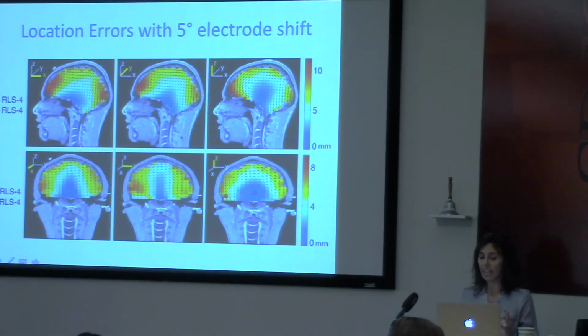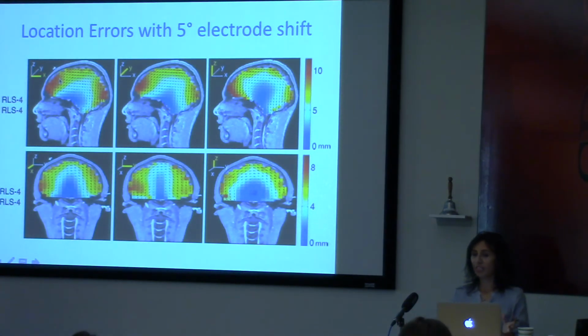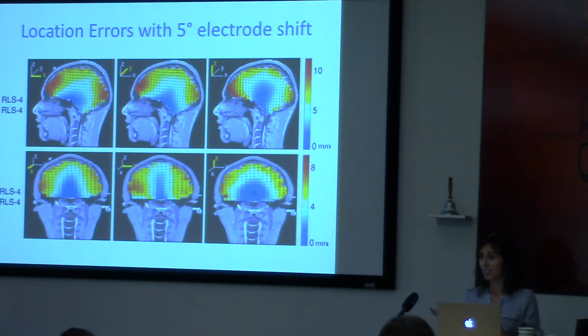We shifted the electrodes by 5 degrees, and when we shift them, the source localization errors were parallel with the shift. I mean, if we shifted an average of 1 centimeter, then the shift in the dipoles were also an average of 1 centimeter in localization errors.